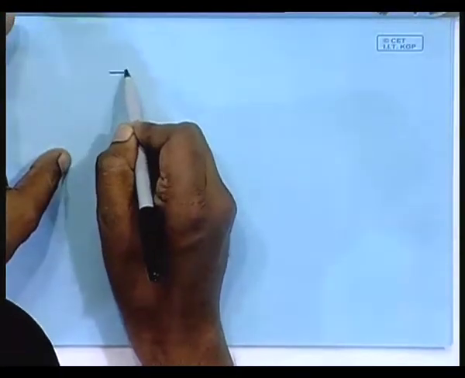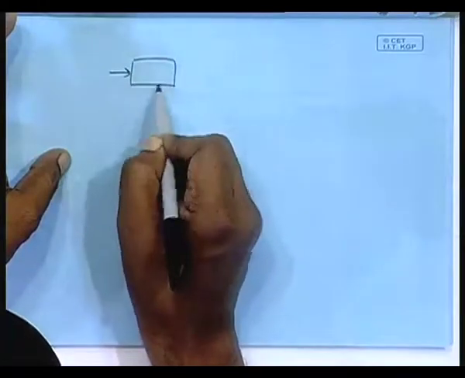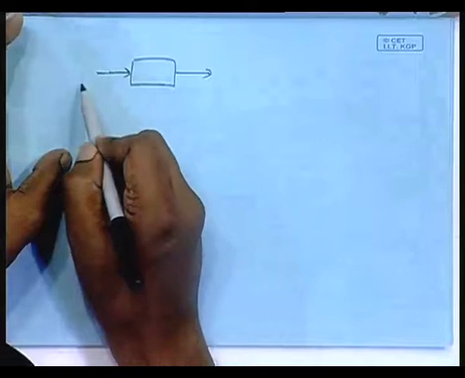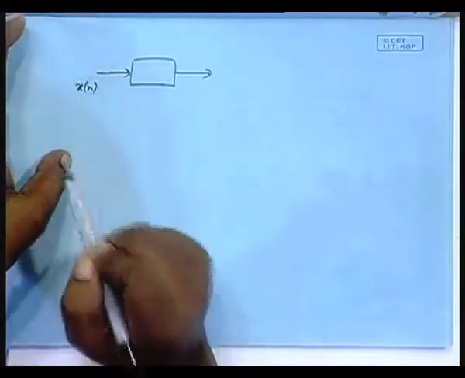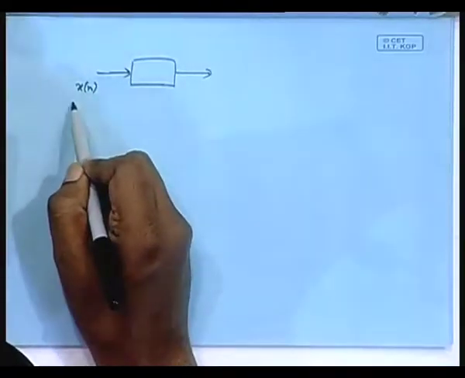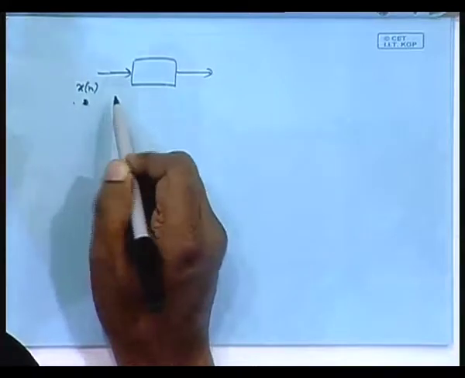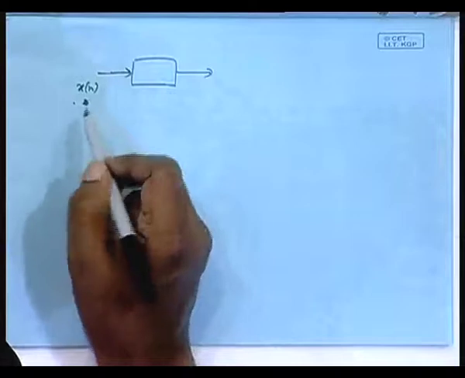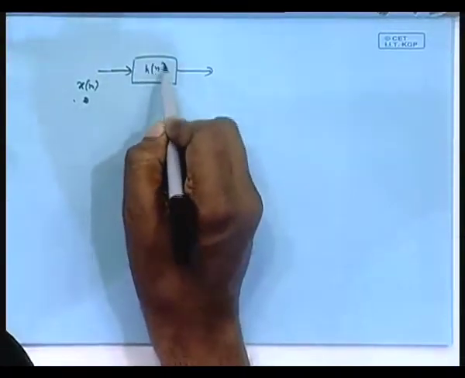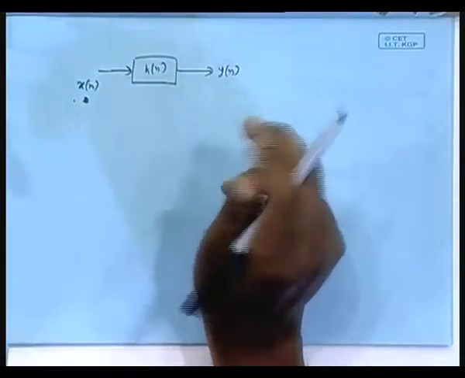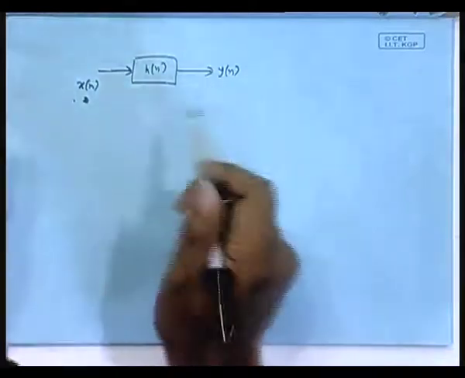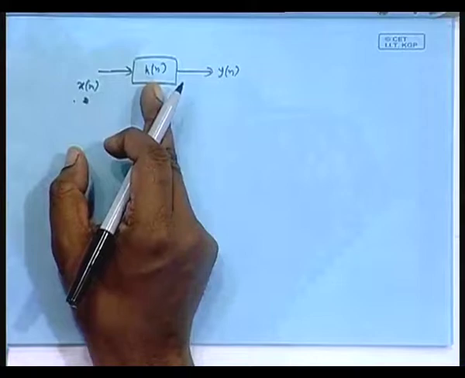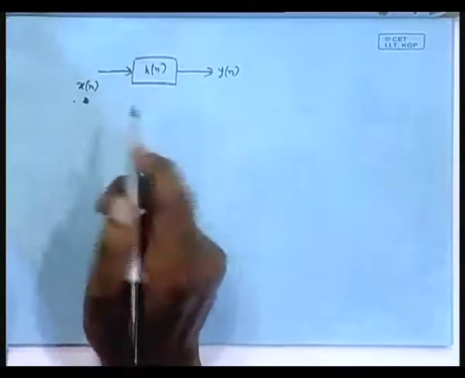Now look at this. Suppose I have got a finite length sequence. This is x n, this is h n, this is say y n. x n and h n are finite length. For the time being, suppose you assume that both are the same length.